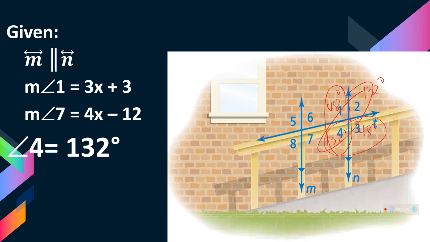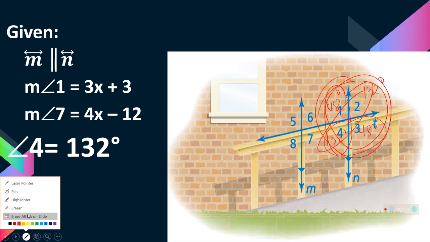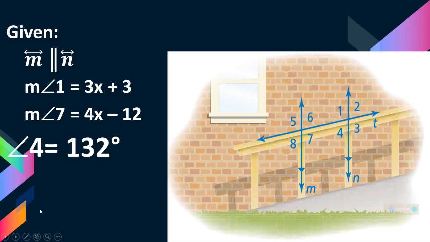There are many ways to solve for the missing measures of each angle, so take note of the relationships of the given angles. Let's have a clearer view of our answers: 48 degrees, 48 degrees, 132, 132 degrees.